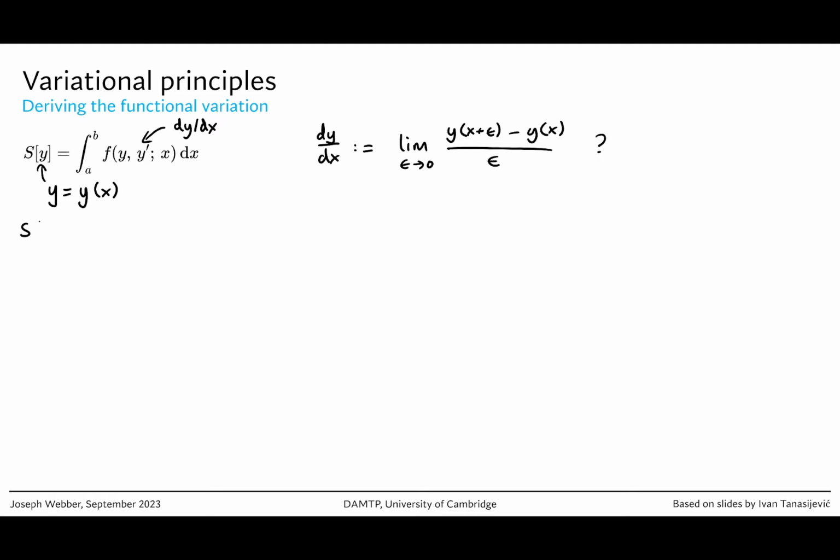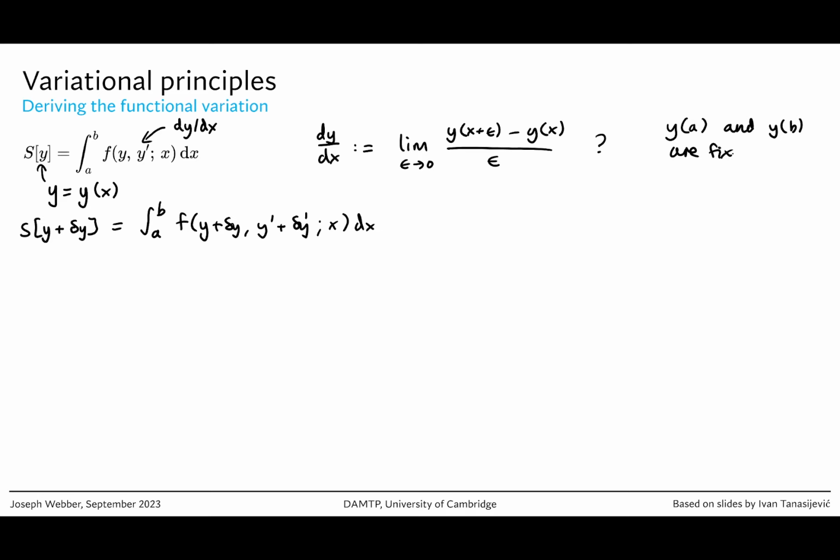Well, let's consider S of y plus delta y and see what that's equal to, where delta y is some function. And we'll talk about boundary conditions in a second, but if I just write this out now, we'll see what we can do with it. So usually this function y has, say, fixed ends. We'll consider it having fixed ends, so y of a and y of b are fixed.